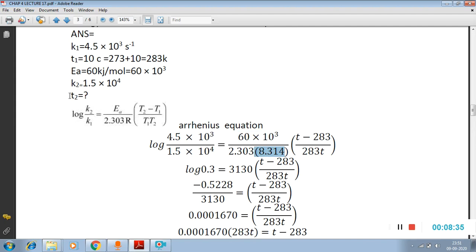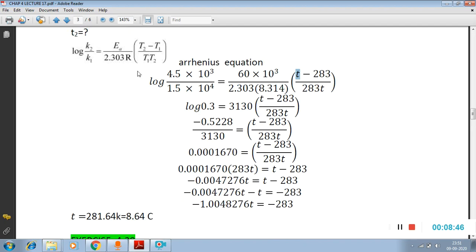Here the second T value we want to find out. Suppose that value is small t, I have written here. So small t minus 283 divided by 283 T. Now if you simplify this, if you solve this, you will get log 0.3 is equal to, this calculation will be 3130.